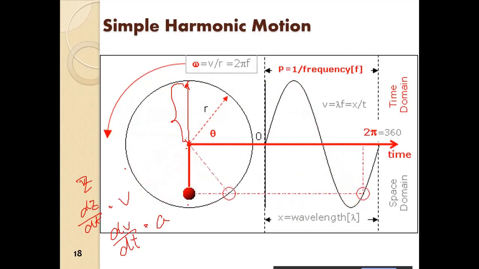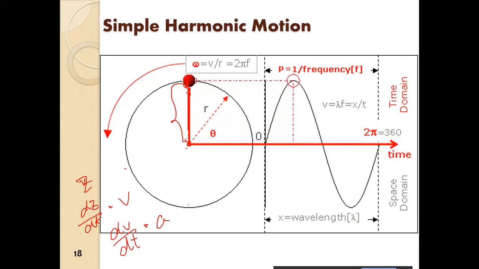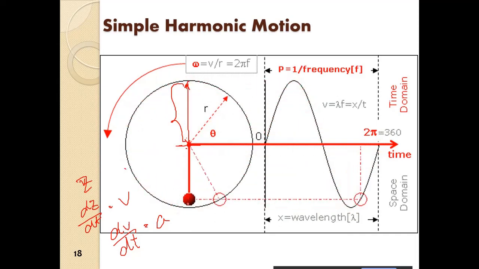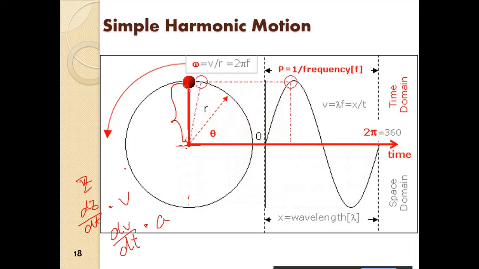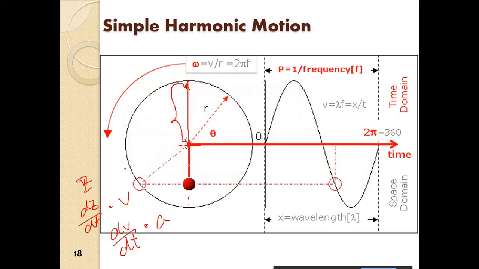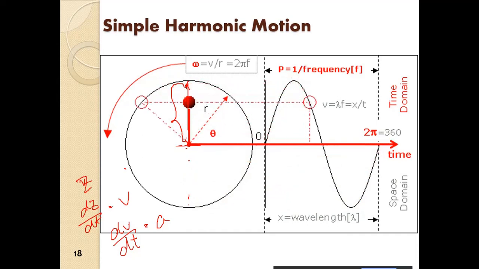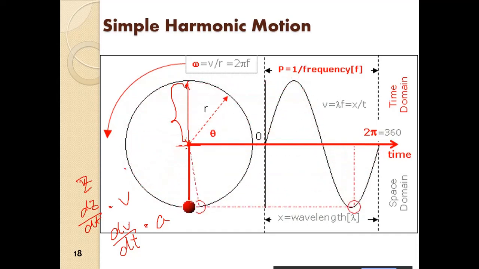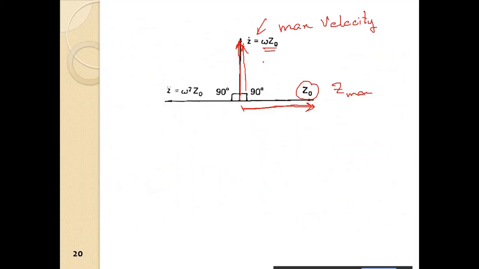So you can see it stops, accelerates, changes direction, accelerates, stops, decelerates, and as it goes down here, the velocity reduces and it stops. That is where the maximum velocity is, and obviously the acceleration is opposite to the displacement.